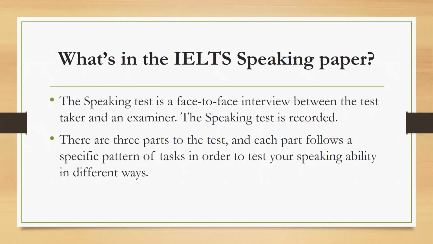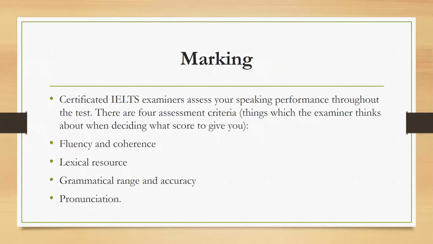Now, there are 3 parts of that test. Now, this is the marking criteria. Certificated IELTS examiners assess your speaking performance throughout the test. There are 4 assessment criteria, that is, things which the examiner thinks about when deciding what score to give you.